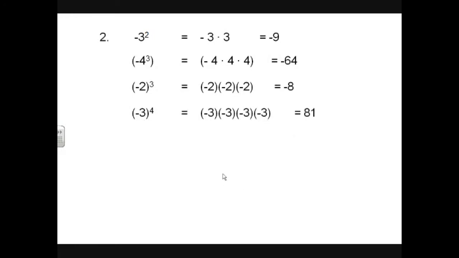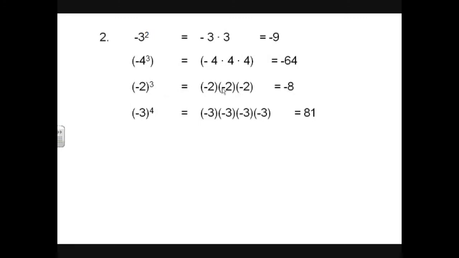Now, something that I want you to notice is that even when the negative was with the base on this one, it was still a negative answer. Well, the reason for that was the exponent was odd. Whenever we have an odd number of exponents, our answer will always be negative. And the reason for that is two negatives make a positive.